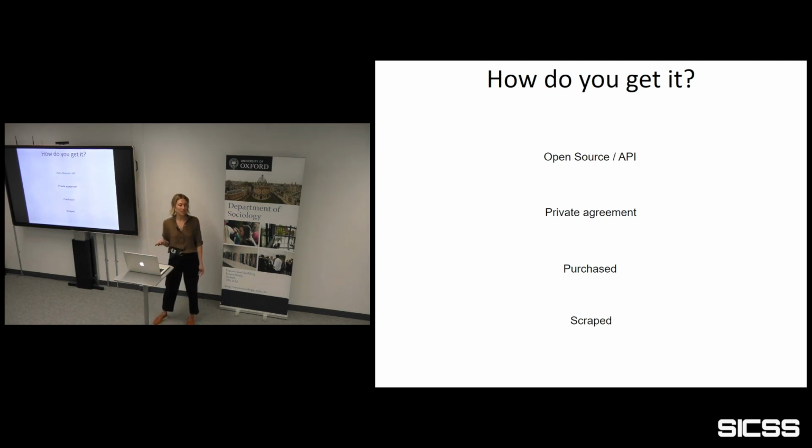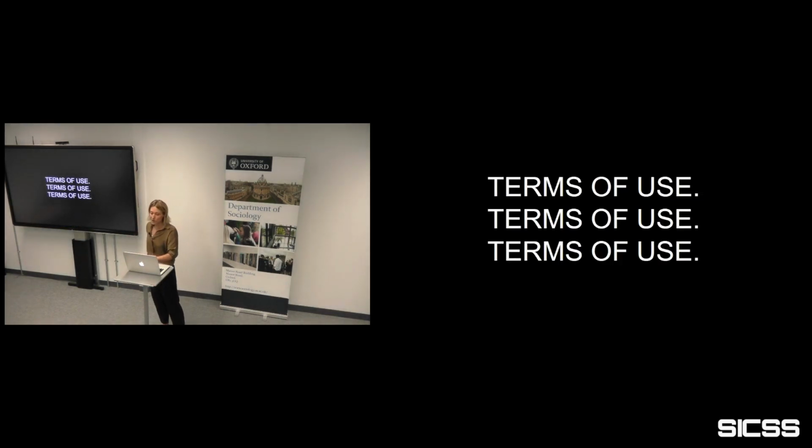Those aren't always easy to come by, but they can be quite nice. Purchased: like I said, English Corpora is one that you can purchase, but you can also purchase mass amounts of Twitter data with the firehose. And then, of course, scraped, which we've talked about, and terms of use on that one. Or, as we said, maybe you don't care, but I would say check the terms of use.